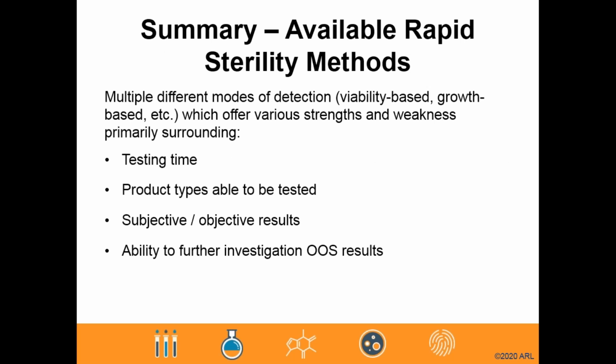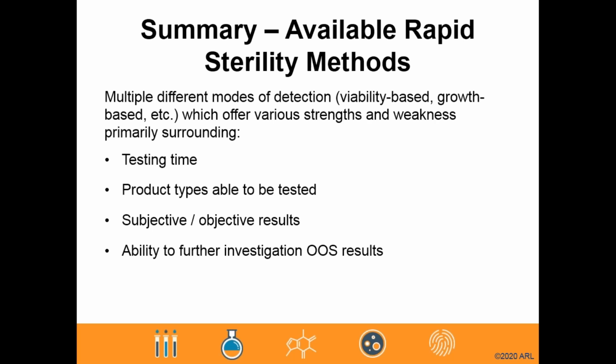Numerous vendors have created rapid sterility testing systems which employ different modes of detection, growth versus non-growth based, for example, in order to provide an alternate to traditional sterility testing. These systems differ with respect to testing time, meaning whether a growth or enrichment step is necessary, product types able to be tested, for example, filterables or non-filterables, subjectivity of results, are they instrument-based or does it require analyst input, and finally, the ability to further investigate out-of-specification results.